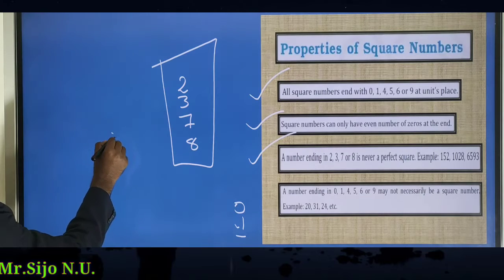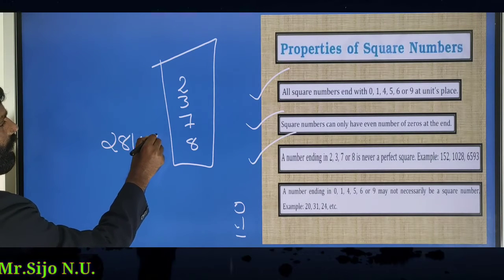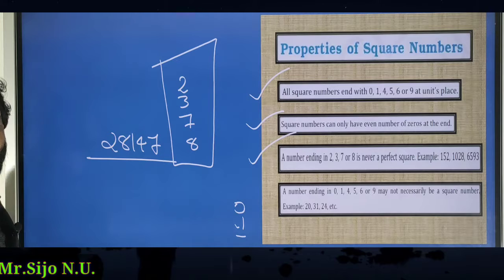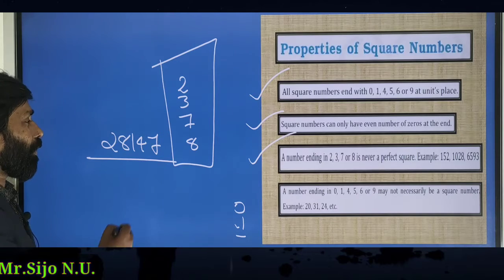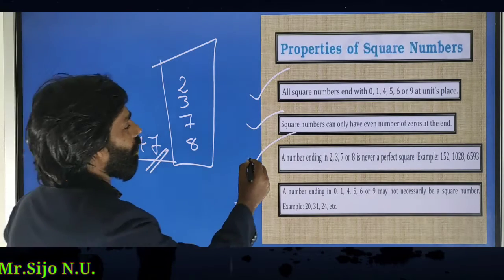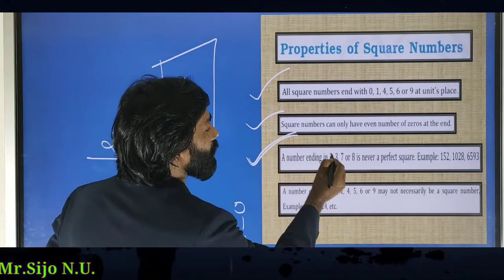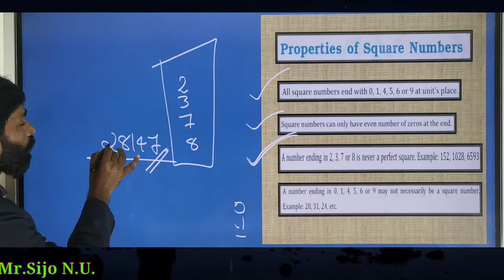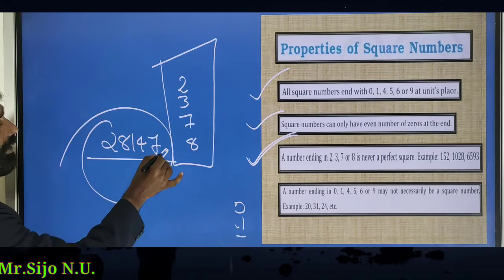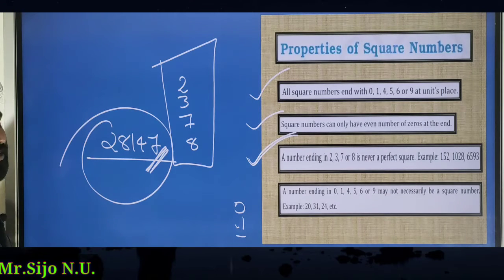So for example, here we are considering a number. Is there any chance this becomes a perfect square? No. Why? Just now we have learned the property: a number ending with 2, 3, 7 or 8 is never a perfect square. When we look at this number, its unit place digit is 7.